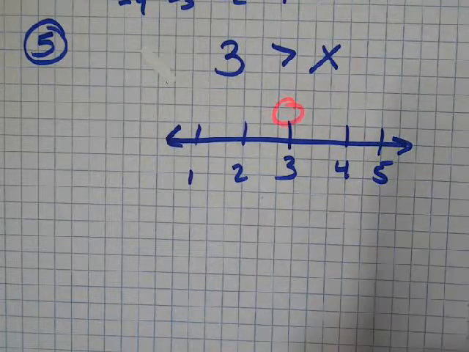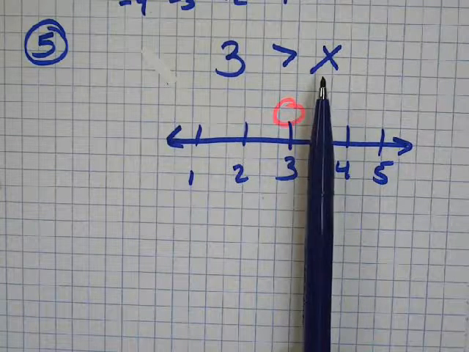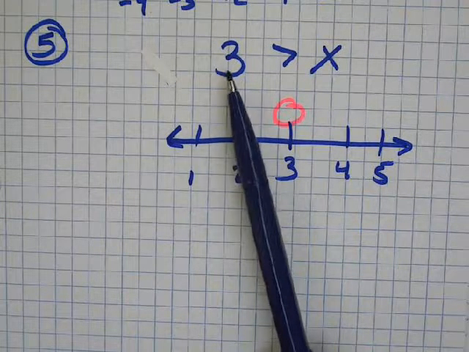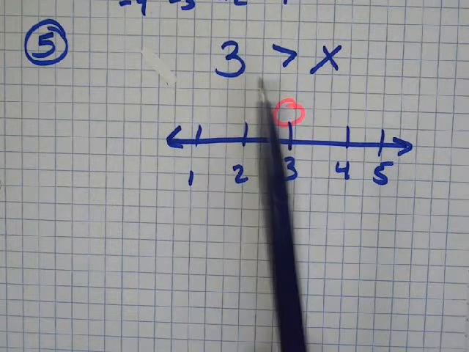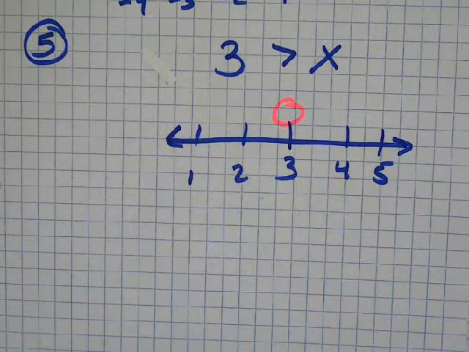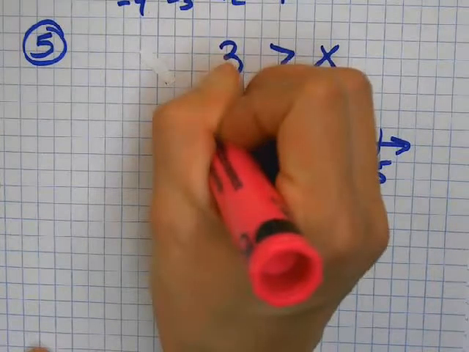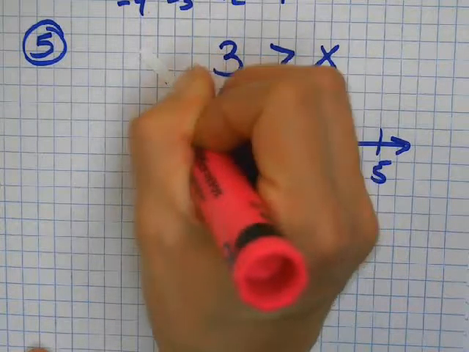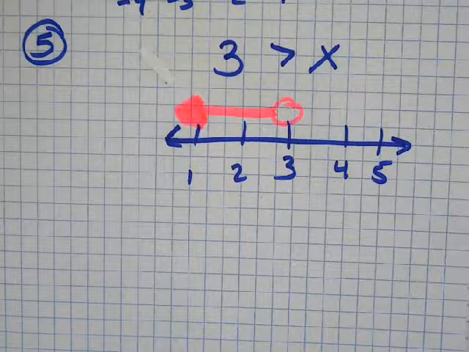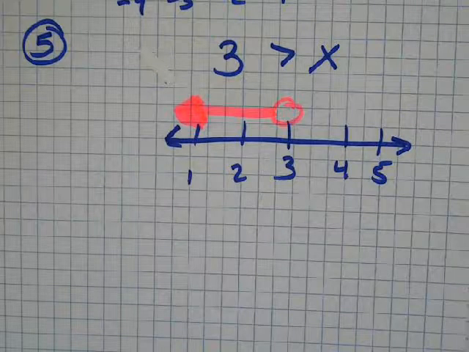Now, x is less, oh, I'm sorry. X is greater than x. 3 is greater than x. 3 is greater than x. So which numbers are... We're okay? That one?